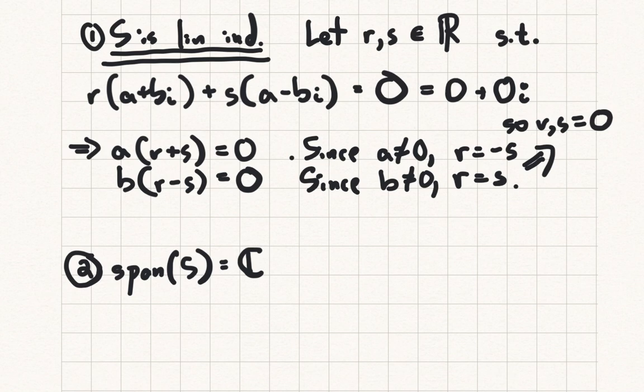So I need to show that some linear combination of the two vectors, a plus bi and a minus bi, can give me any complex number I like.